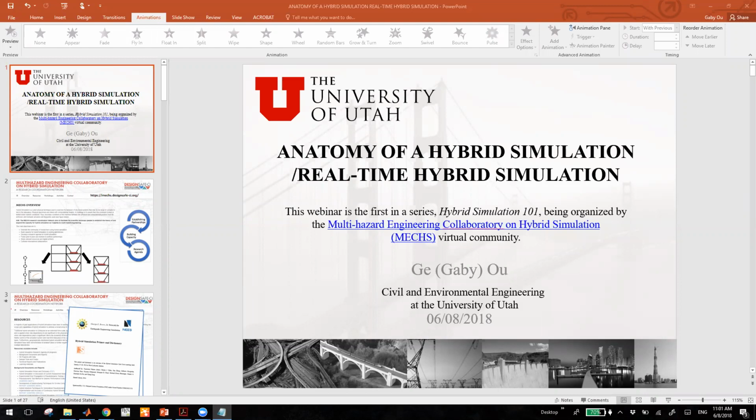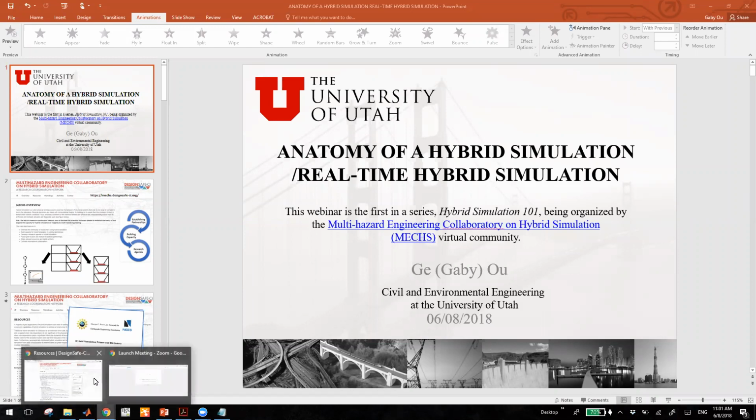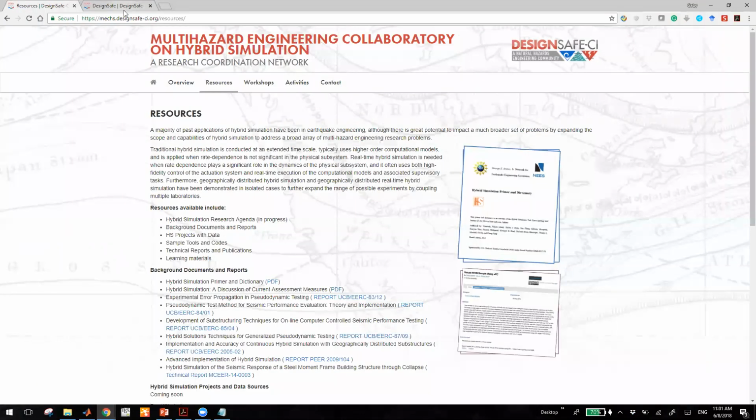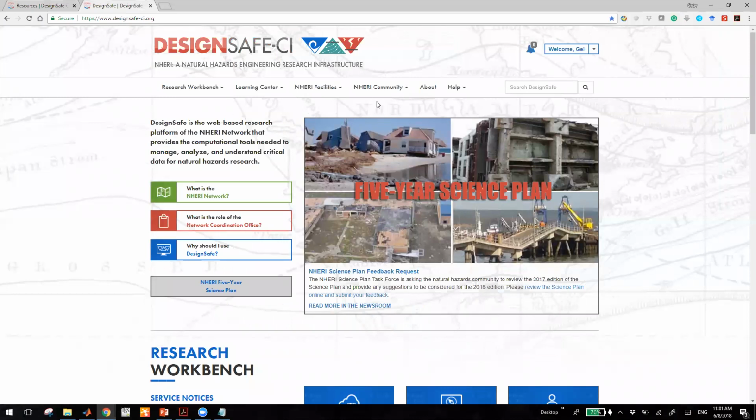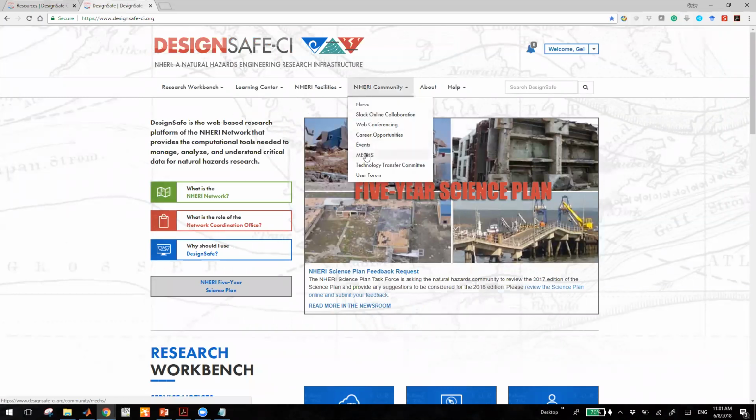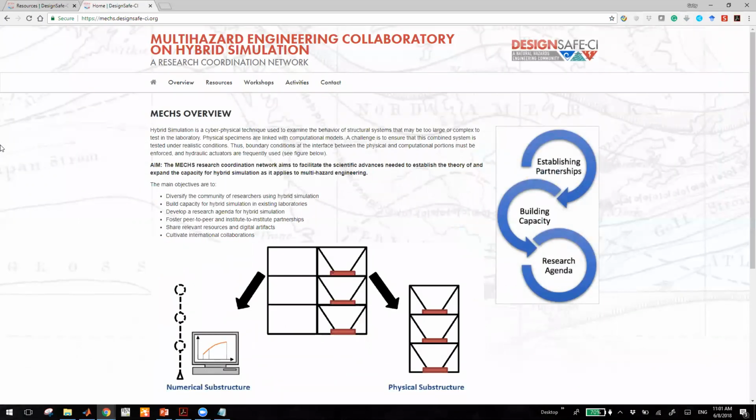I would like to spend a little time to explain the MECHS community. It is a research coordination network supported by NSF, and you can find the website of MECHS under the NHERI community by clicking MECHS. It will lead you to the website of MECHS on DesignSafe.